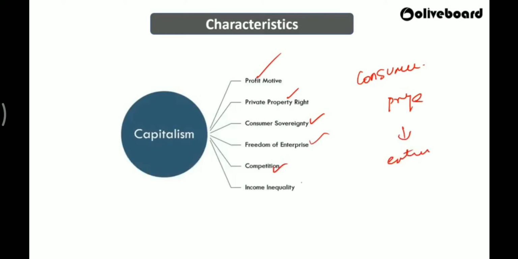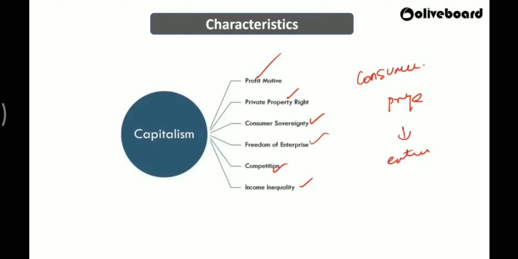All right. Next one is income inequality. Yes, that is a given of capitalism, because everything is owned by private individuals or private capitalists or private entrepreneurs. And the tagline itself goes like this: the rich become richer and richer, the poor become poorer and poorer.